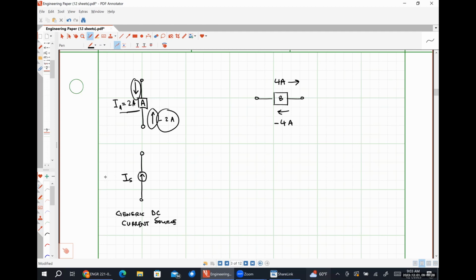All right, so if we have a generic DC current source, we must also have a generic AC current source. Exact same symbol, except we have a squiggle in the middle of it, letting us know that the current is time varying. I'm going to represent the magnitude by lowercase letters because it's AC.